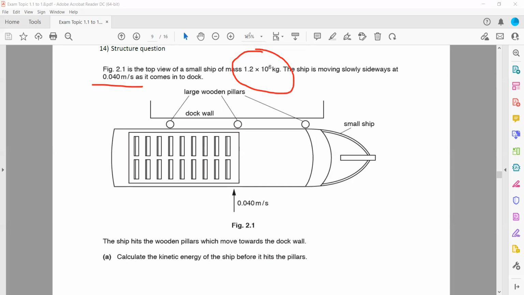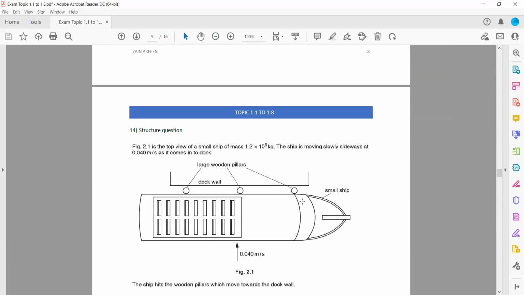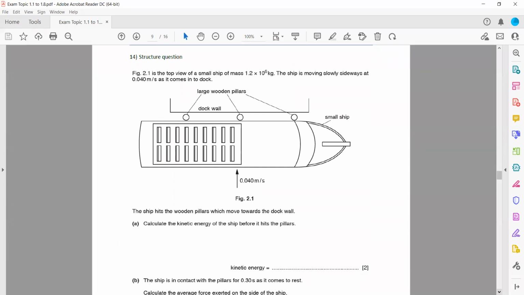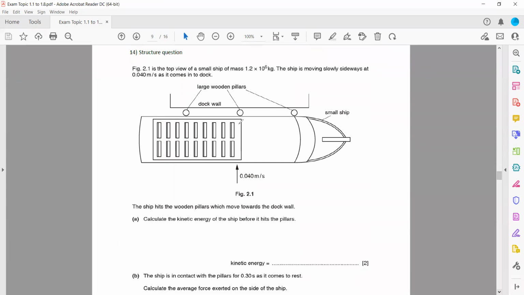Calculate the kinetic energy. The formula for kinetic energy is half mv square. So you just have to use the formula for kinetic energy, which is 1 by 2 mv square.